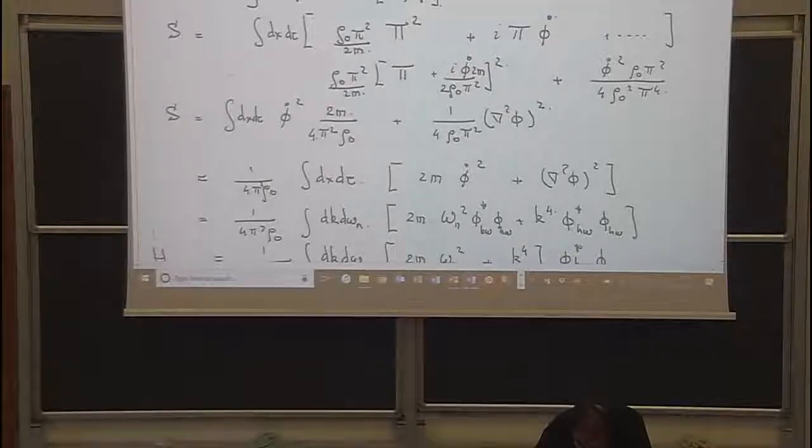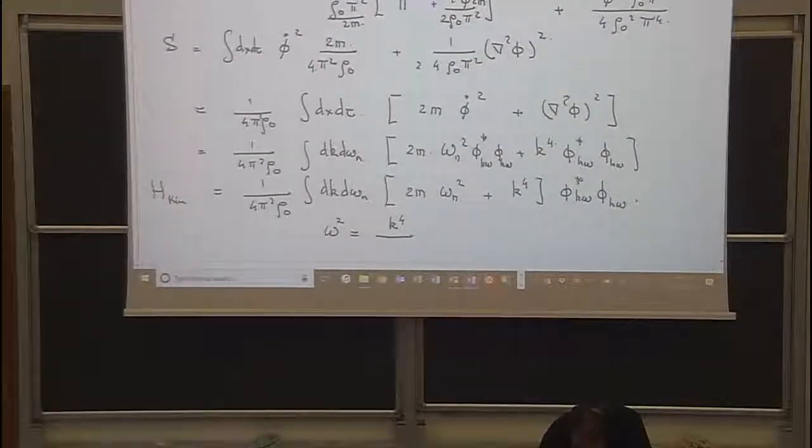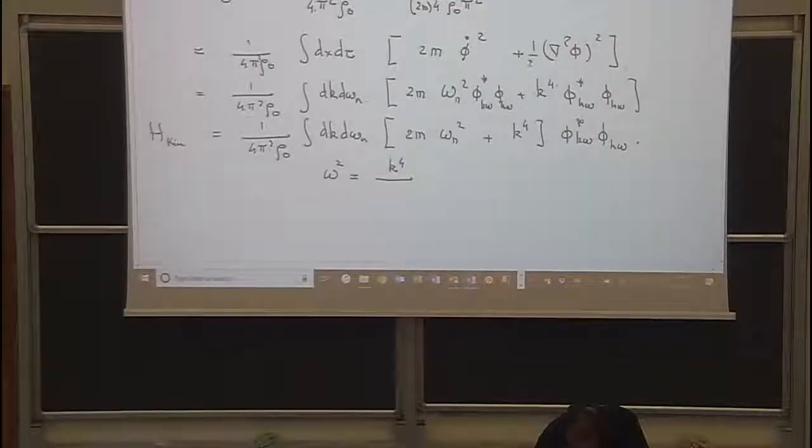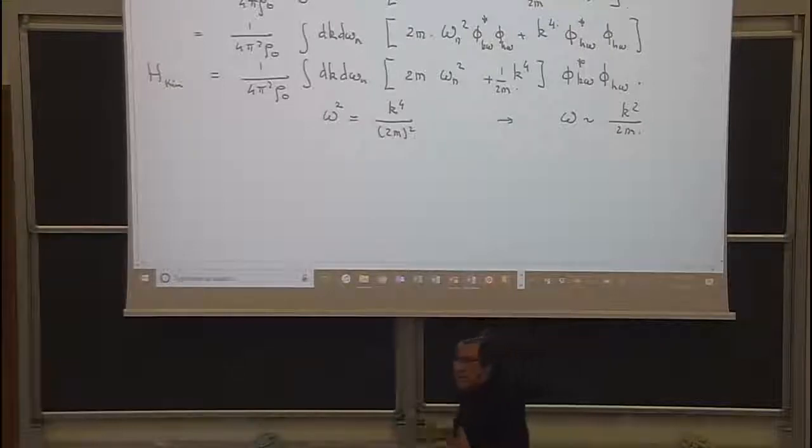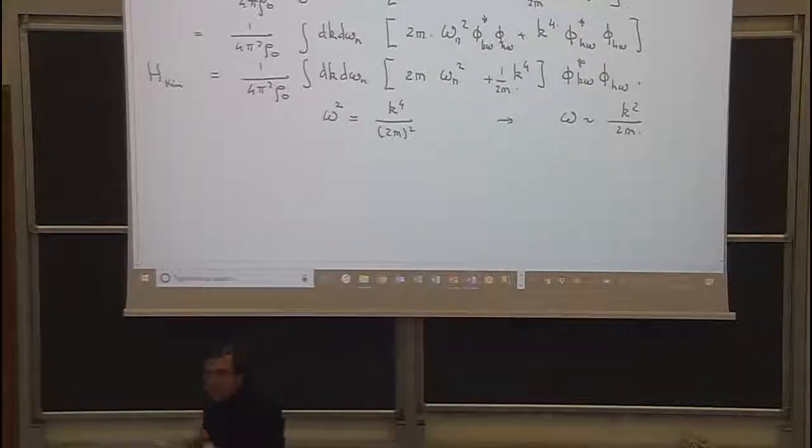Yes, the 1 over 2m was in front of this one. So there is a 2m here also. There is a 1 over 2m here. And there is a 1 over 2m here. So this is 2m square. And so you see that I have modes which have a frequency which is k square over 2m. Wonderful. I've recovered the spectra of free bosons.